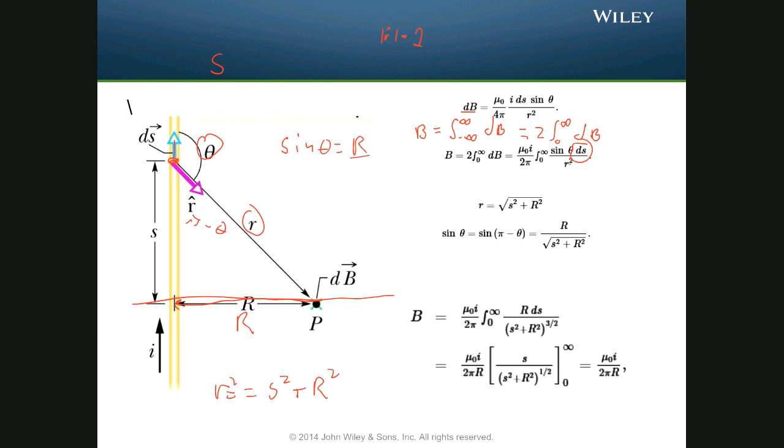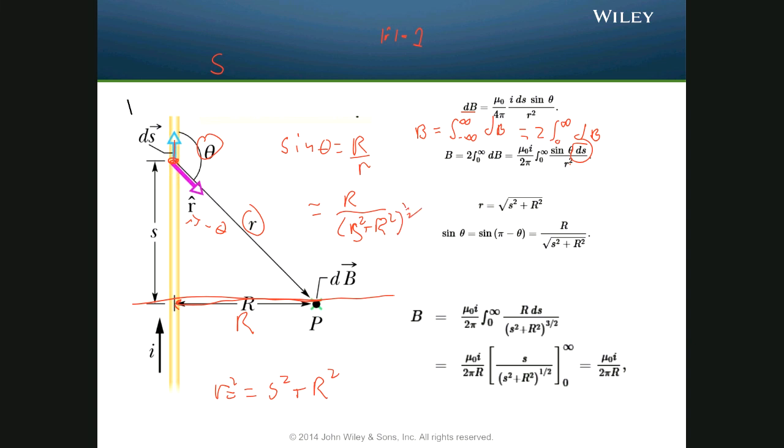This will also be equal to r over s squared plus r squared, to the 1/2 power.